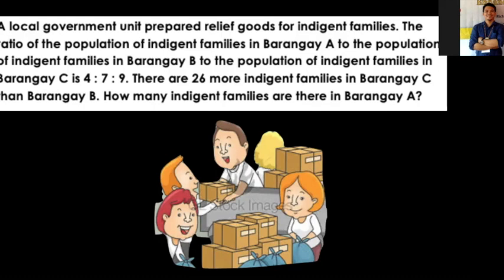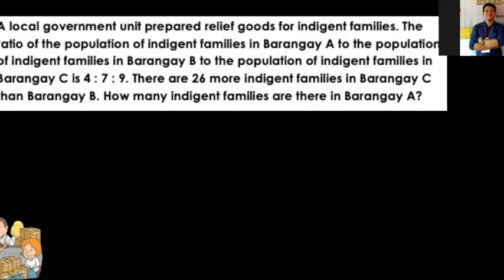There are 26 more indigent families in Barangay C than Barangay B. How many indigent families are there in Barangay A? So again, this is a 3 quantity ratio problem.